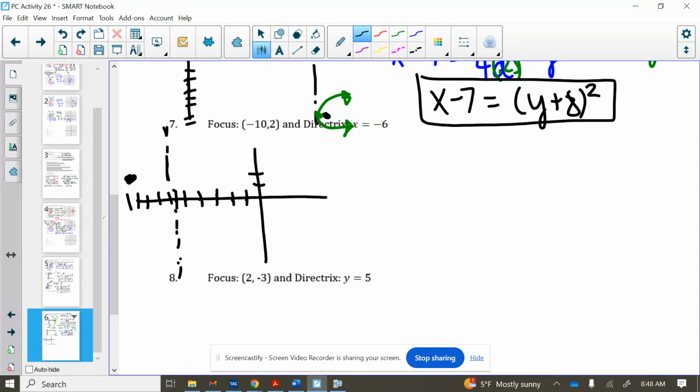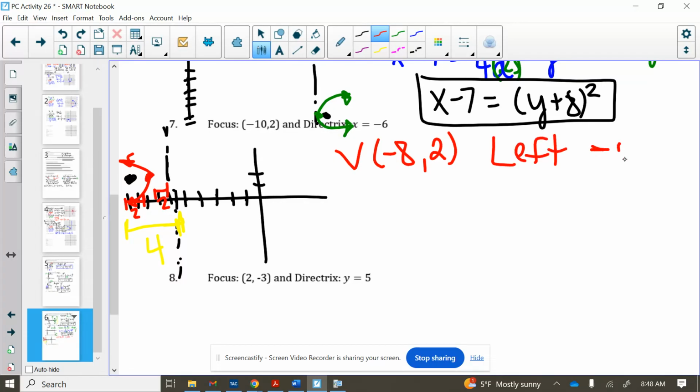So in between these two, if we're at -10 and -6, that's a total of 4 units between them, which means that vertex point is going to come 2 units from that directrix, 2 units from that focus point, at x equals -8, and then it's still going to be up at 2 though. And we're going to open to the left, so we've got to be careful. This is going to be a negative y squared value if we move to the left.